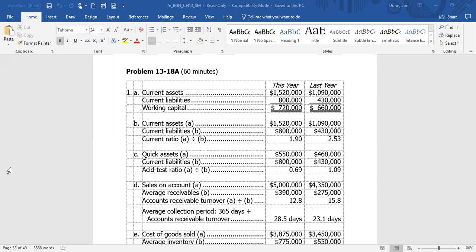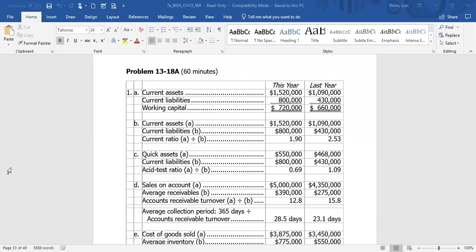So they can cover their current liabilities, but our health compared to last year has grown weaker financially. It doesn't mean we're bad. It's changed and it's weaker than we were last year. It's kind of like saying, you know, your blood pressure is a little lower than it was last year or higher than it was last year. Okay, so that's just showing us that.